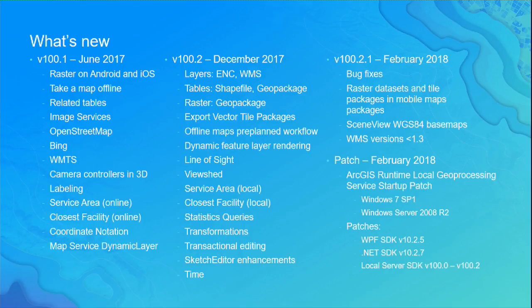So for anyone using that, if you're installed on Windows 7 Service Pack 1 or 2008 R2, the Windows update that addresses the Spectre Meltdown patch caused an issue for the ArcGIS Runtime local server, so we released a patch for that across actually the retired WPF SDK 10.2.5, because we know there's a few of you still using that, but then also the .NET SDK 10.2.7, and then actually all of the local servers through the 100 series. So there's a patch available to download if you're running on Windows 7.